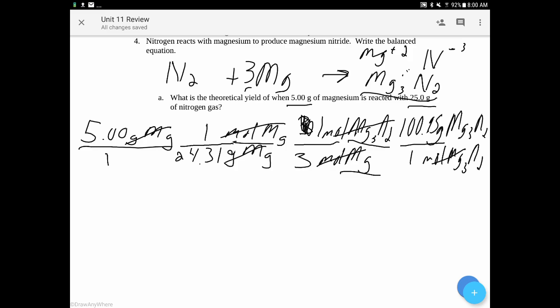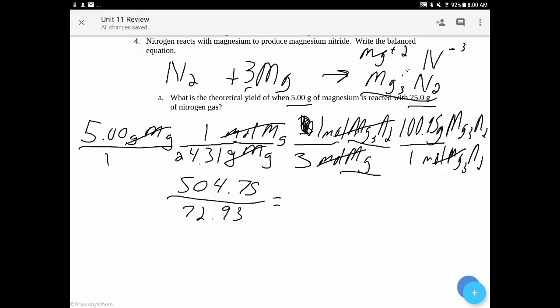We multiply all the top numbers: 5 times 1 times 1 times 100.95. We get 504.75. We do all our bottom numbers: 1 times 24.31 times 3 times 1, and we get 72.93.